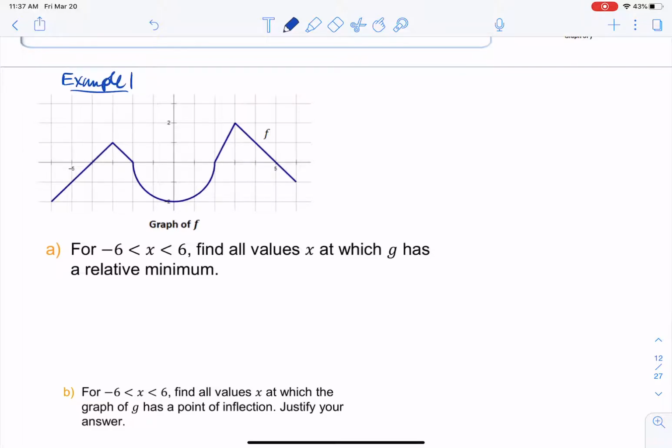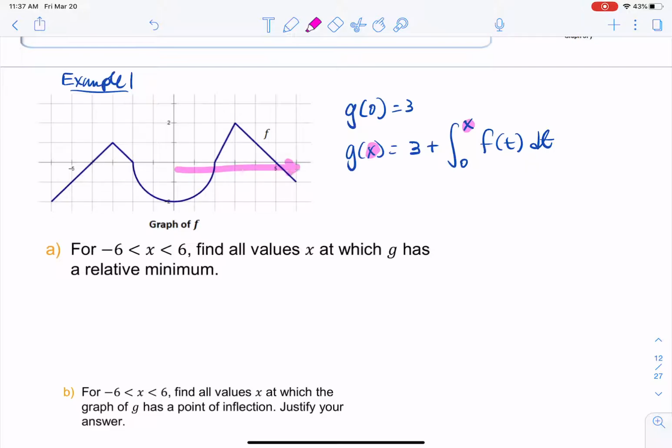And our equation had this initial condition, g of 0 is equal to 3, and then g of x was equal to 3 plus the definite integral from 0 to x of f of t dt. And again, you can notice the difference in the variables. x is the variable for this function. It's the thing that's going to accumulate area as we move to the right, or taking it away, moving towards the left there.